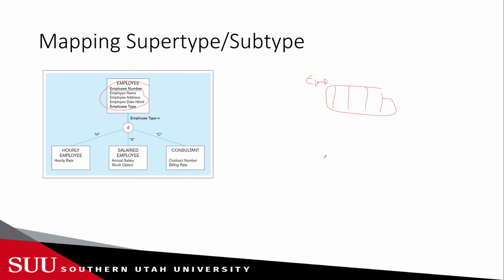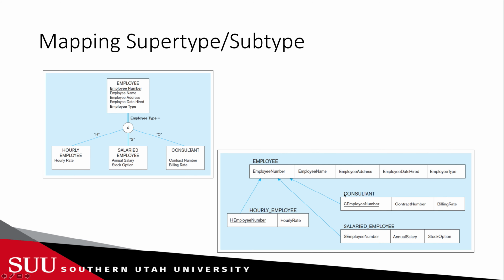And then I will have one for hourly, and one for salaried, and one for consultant. So let me just go back and forth to delete those, and this is going to be our relational model for this. Now as you see, we will not include these in the rest because these are common to them.